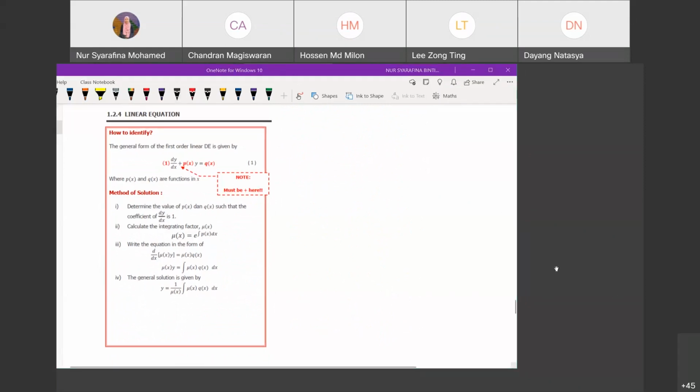So how can we identify the linear equation?